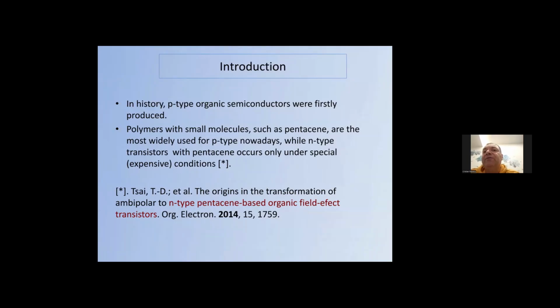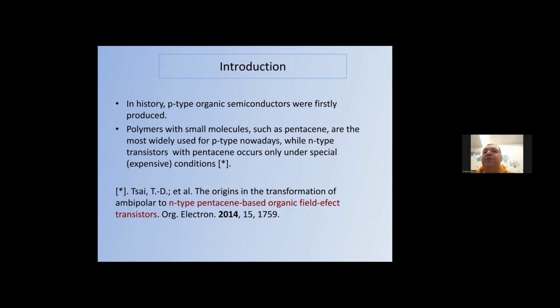In the history of organic semiconductors, the p-type, meaning working with holes, were firstly produced. Polymers and small molecules such as pentacene are used for p-type organic semiconductors, while n-type transistors are very poorly represented.